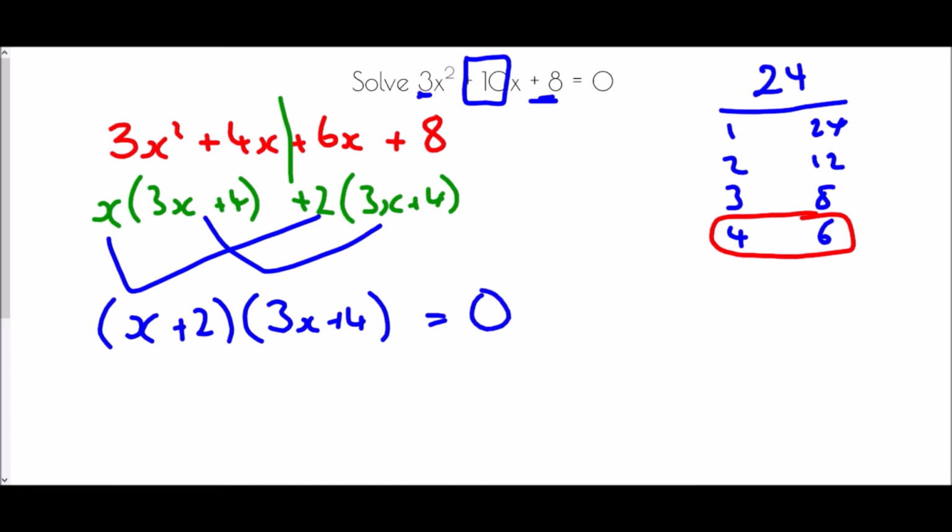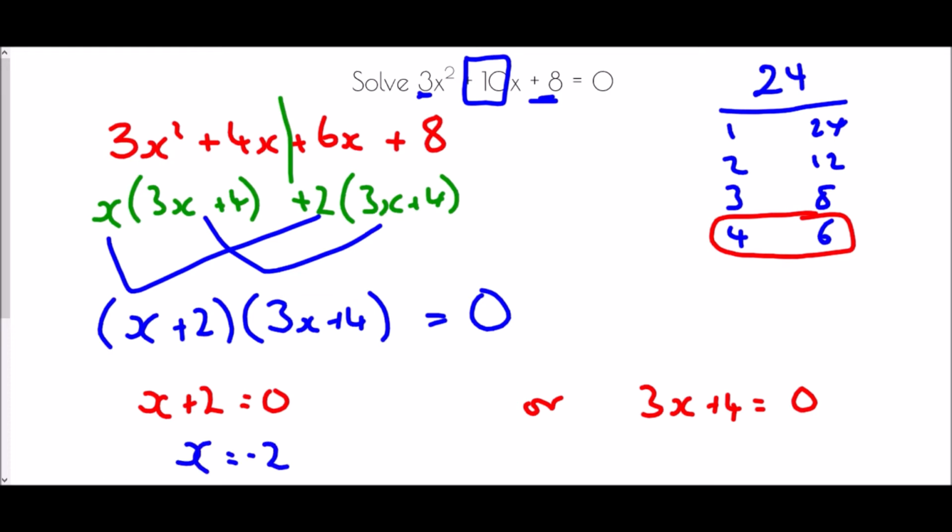So how do we then solve it? Well, again, if we take this in turn the way we did before, that means either x plus 2 equals 0 or 3x plus 4 equals 0. If it's the first version, x plus 2 equals 0, then x equals negative 2.